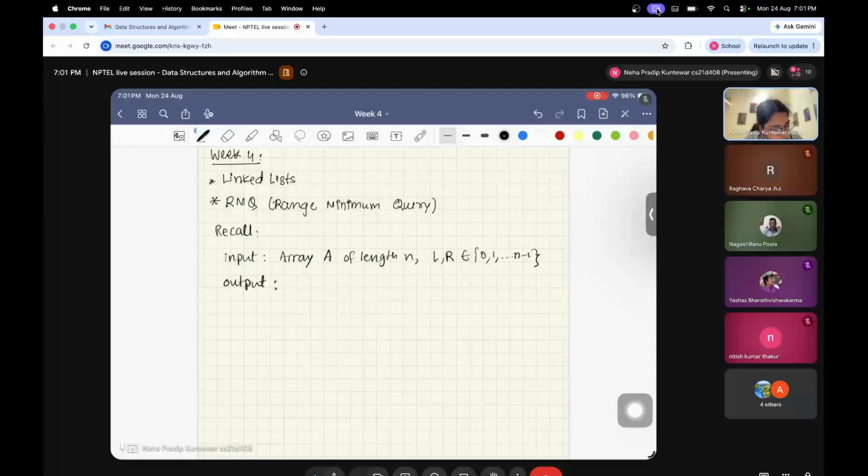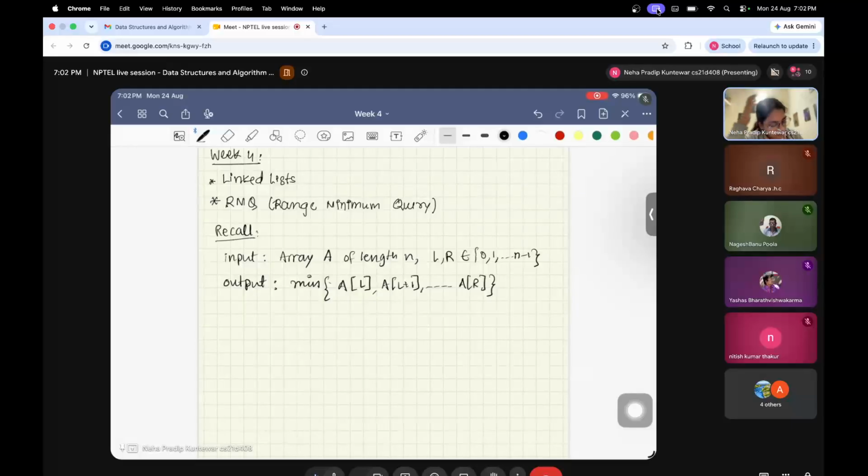What you want to output is the minimum value among A[L] all the way up to A[R]. Okay, so that is the problem that we studied.